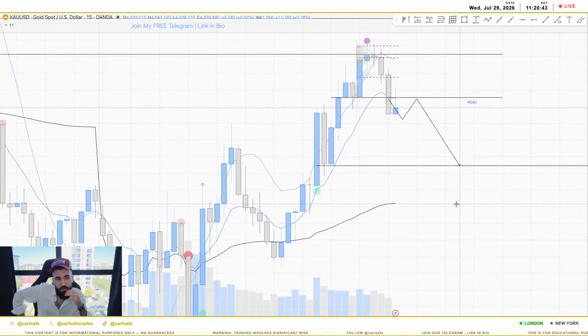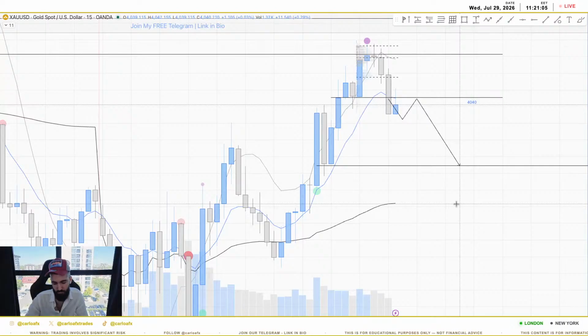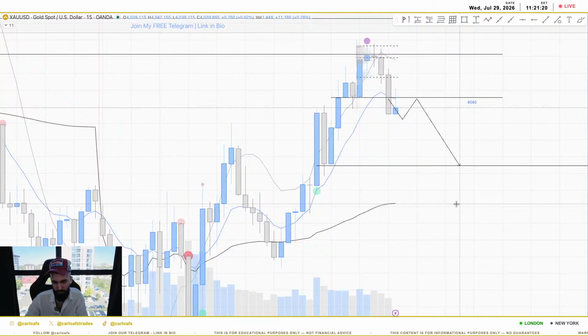So it's really great using price action with order flow.